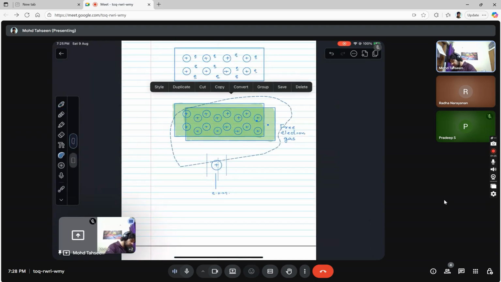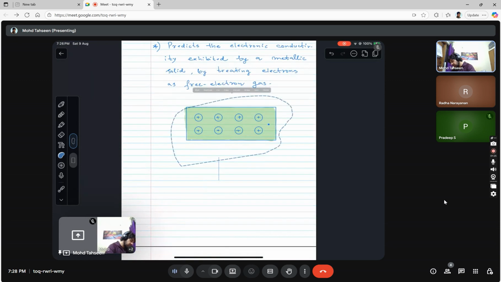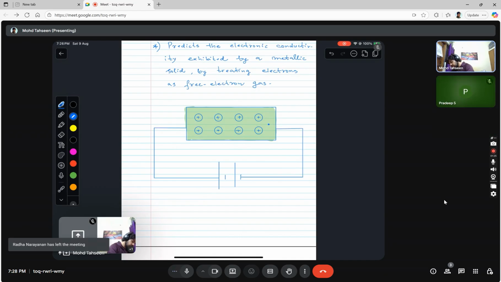Now if we apply some electric field or some potential, let's say that we have a battery here, and we are connecting the positive terminal to one end of the solid and the negative terminal to the other end. Now the current will start to flow in the circuit because this sample has free electrons, right?